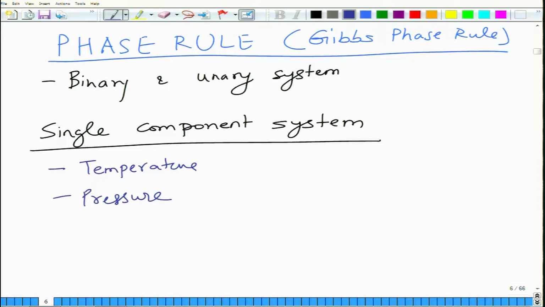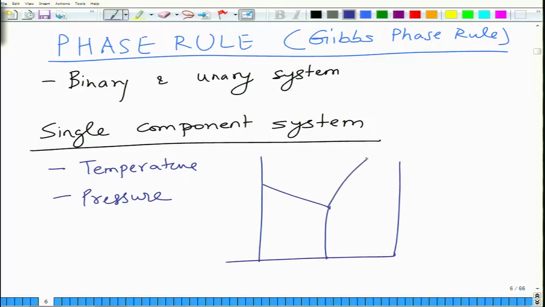How does this vary as a function of, for example, if you have a phase diagram like this, let us say you have an alpha phase, a beta phase, and a gamma phase, and this is temperature and this is pressure. What kind of phases exist under various sets of conditions?